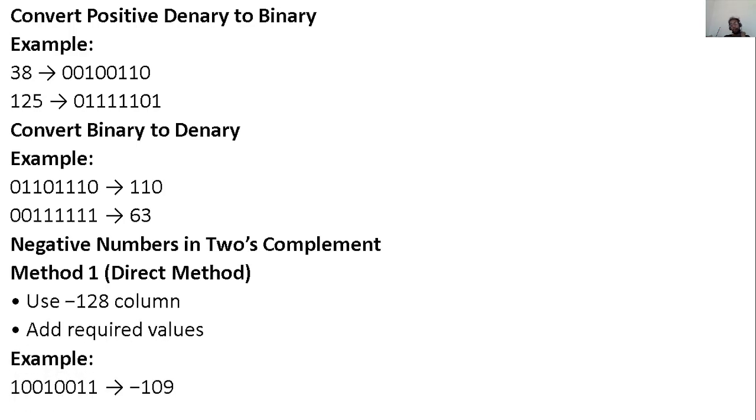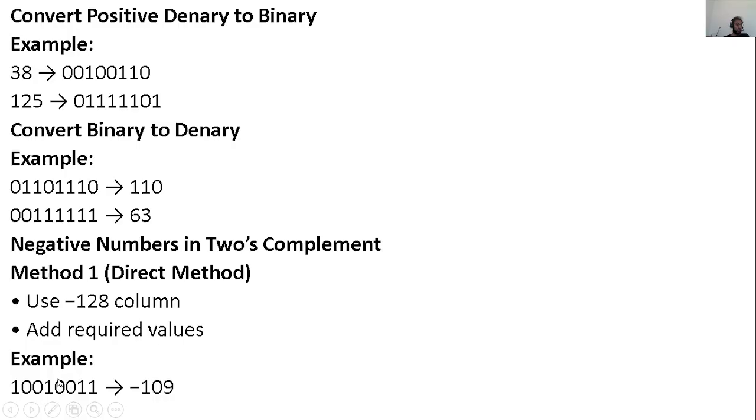But now let's look at negative numbers in 2's complement. Use the minus 128 column. We use the leftmost column as negative. This is basically the direct method for representing 2's complement in binary numbers. Let's say this is a 2's complement number, meaning this is an 8-bit negative number. How do we add it? Take this value 1, double it, it becomes 2. 1 plus 2 is 3, double the 2, it becomes 4.